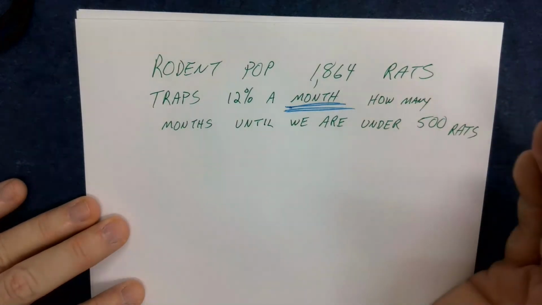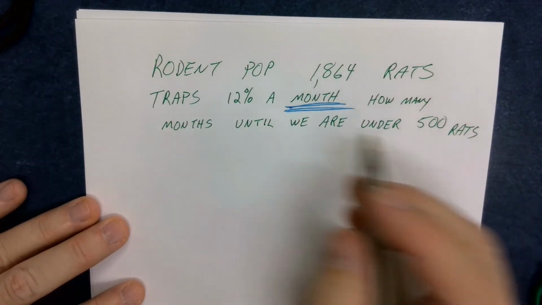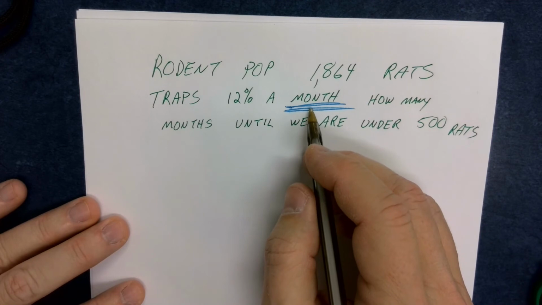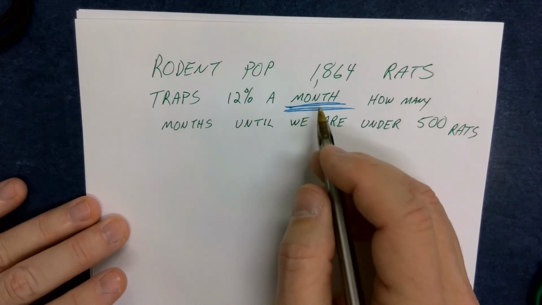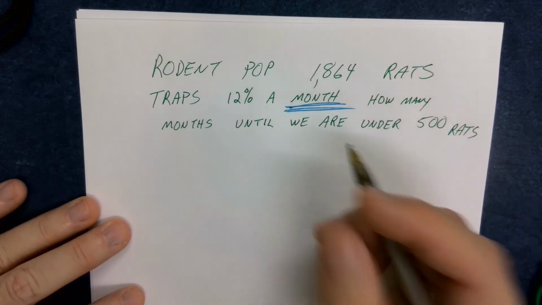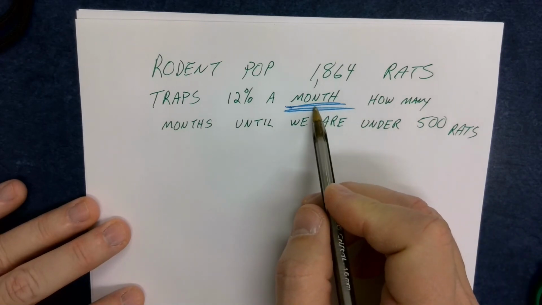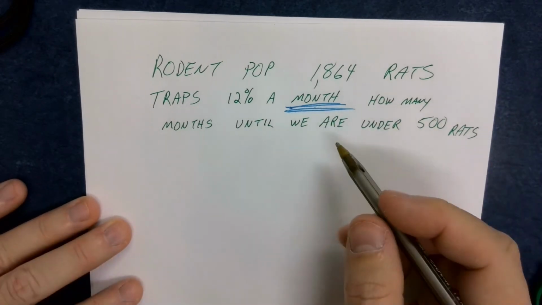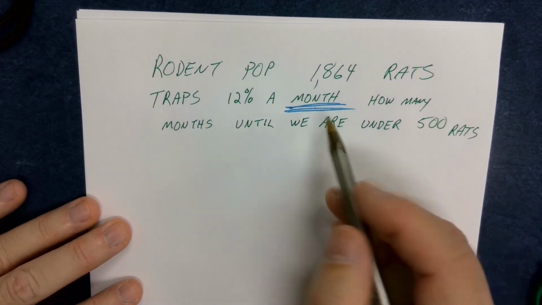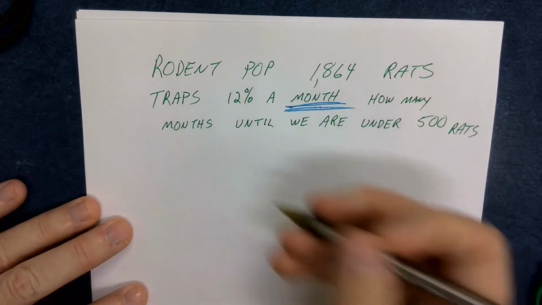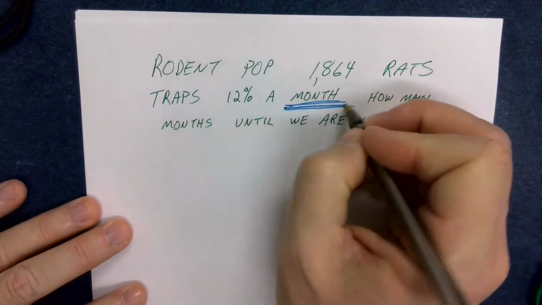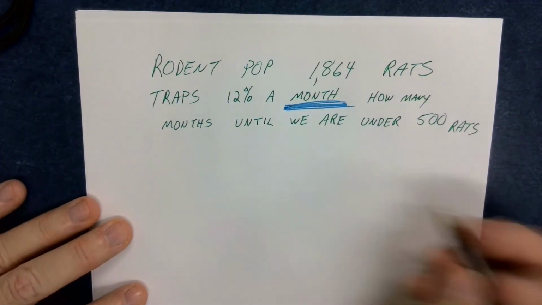It could be, like our bouncing ball, every bounce. It's just how many times we have to repeat that multiplication. It could be that things change by the second, and that's our unit, okay? This means that this happens one time in a month.